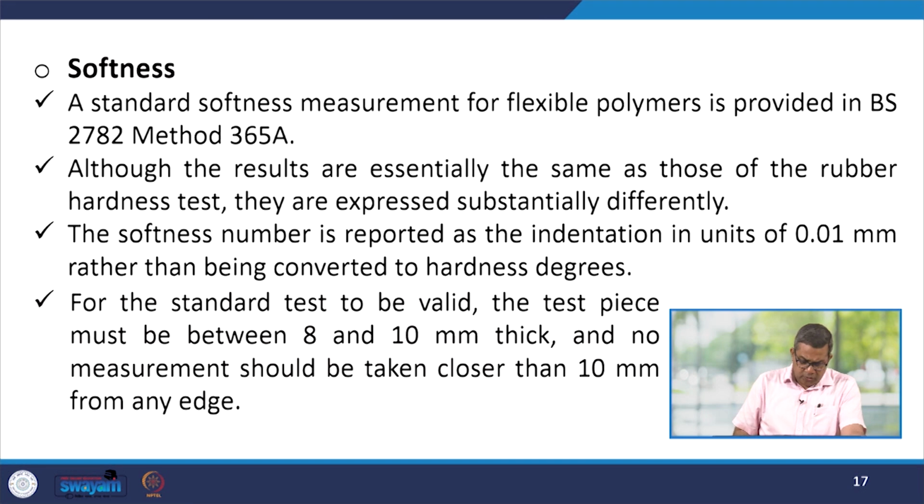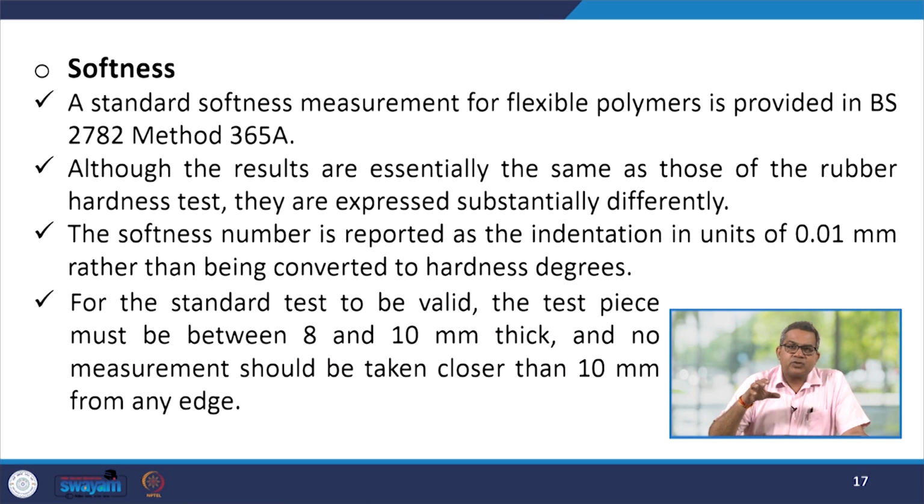Let us talk about the softness. The standard softness measurement for flexible polymer is provided in the British Standard 2782 method 365A. Although the results are essentially the same as those of the rubber hardness test, they are expressed substantially differently. The softness number is reported as the indentation in units of 0.01 mm rather than being converted to hardness degrees.